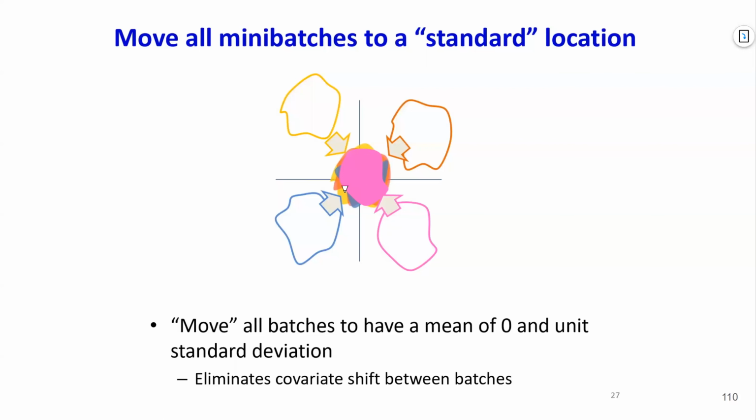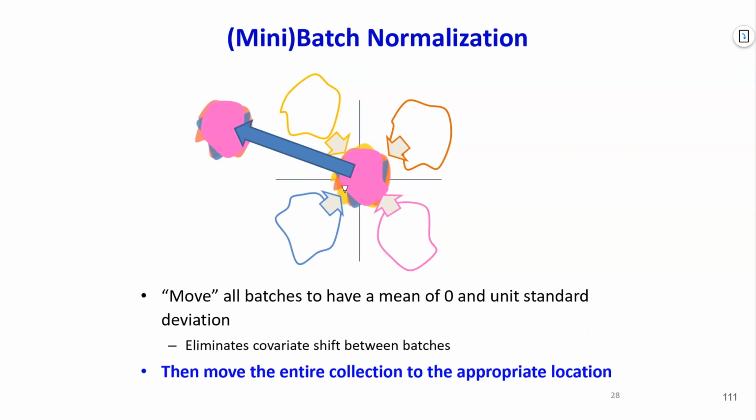This is the first step, moving all the batches to the center point. After that, we move the entire collection of batches to an appropriate location. And how do you find this appropriate location? This is done through learning. Our network will automatically learn where to move our batches.